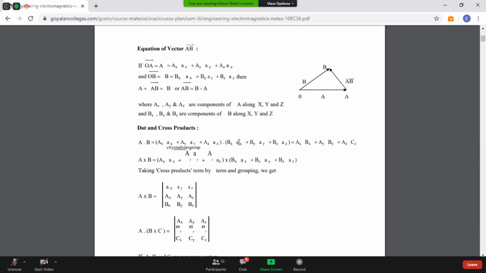Now, not written here, is the definition of dot product. The definition of dot product for two vectors A and B is the modulus of vector A times the modulus of vector B times cosine of the angle between them.